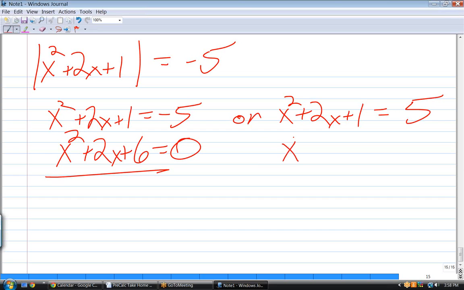And on this side, it would be x squared plus 2x minus 4 equals 0. You can also not factor that. You'd have to use the quadratic formula to solve that. Anything you cannot factor, you got to use the quadratic formula. You with me? So, right. So can we leave the answer like that? No. What's the quadratic formula?